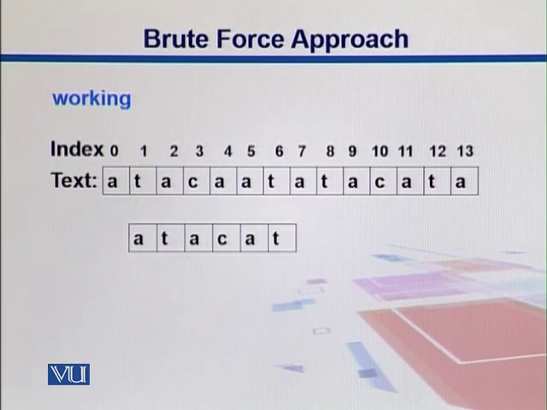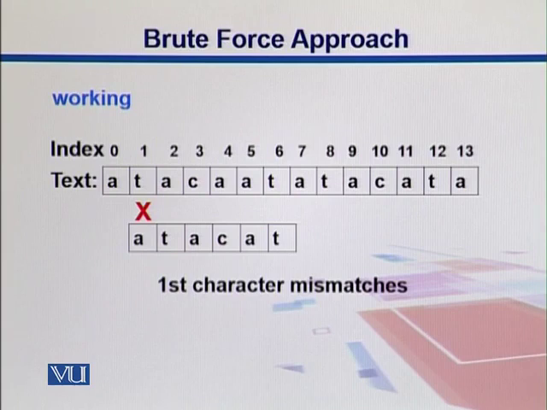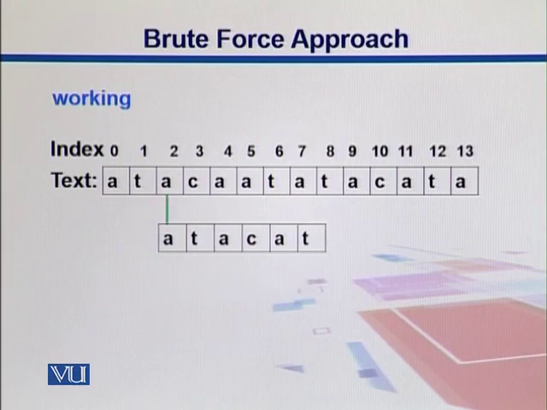So we move one character towards the right, and now the first character mismatches. We move further till the first of the pattern matches the 3rd of the text. If we look at the index, that is actually index number 2, since our loop is starting with 0. So please keep track of it.